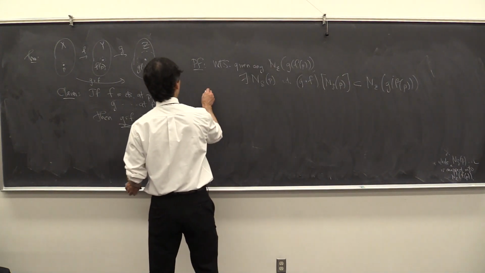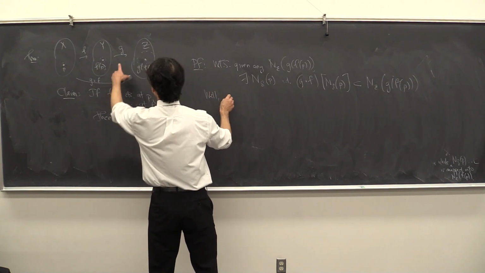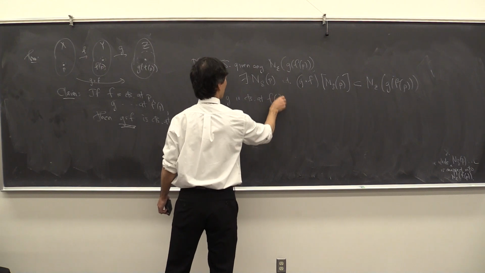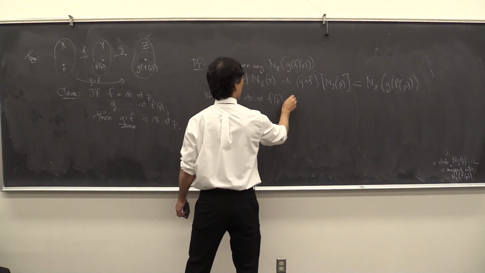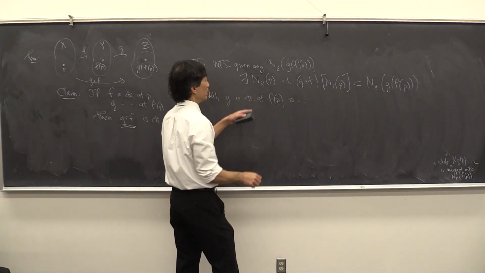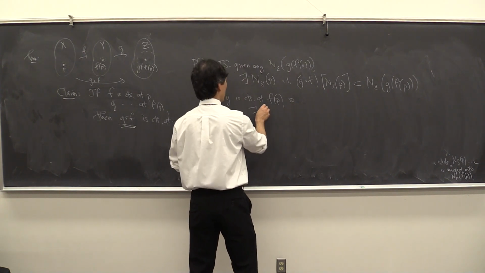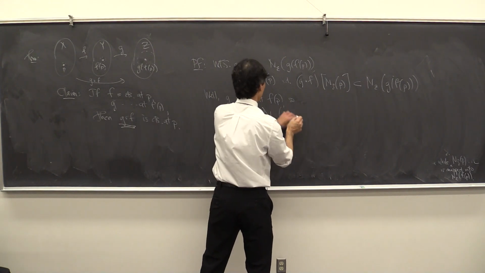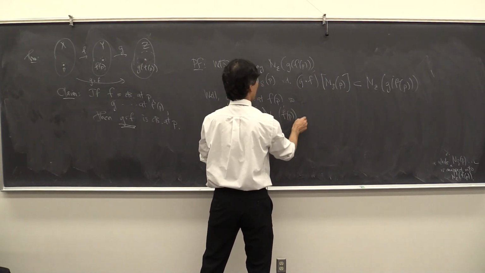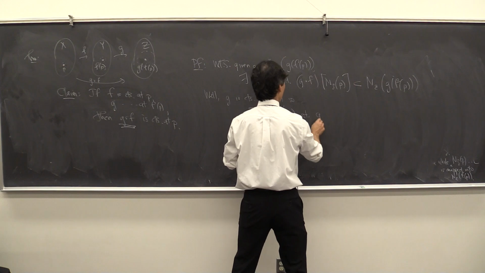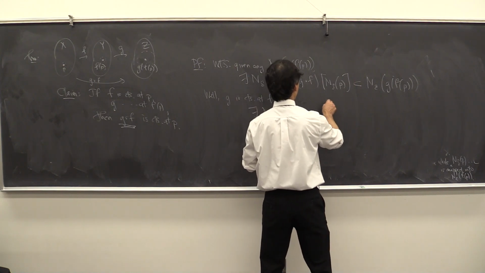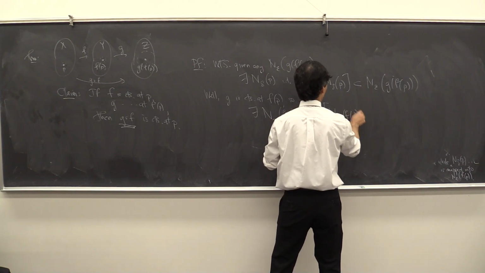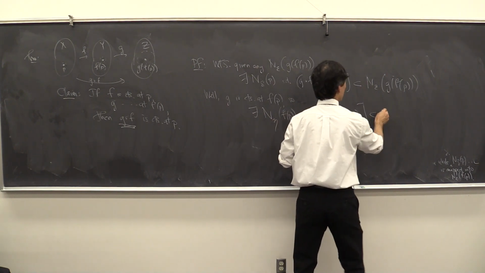But g is continuous at f of p. So we know there's some intermediate neighborhood around f of p such that g maps that intermediate neighborhood inside of here.